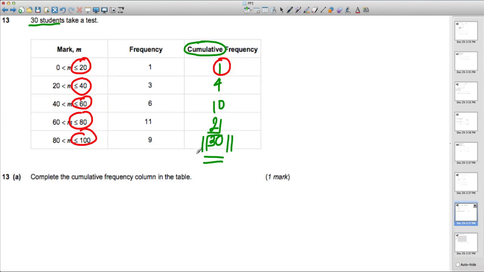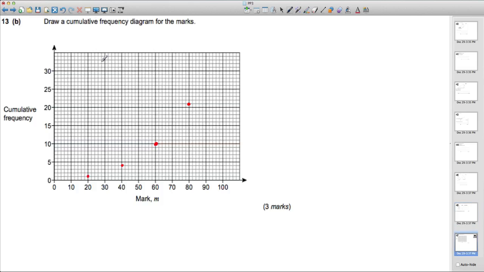And then you plot 100 against 30. And that is your cumulative frequency there. Let's just draw a line between them. Okay, something like that.